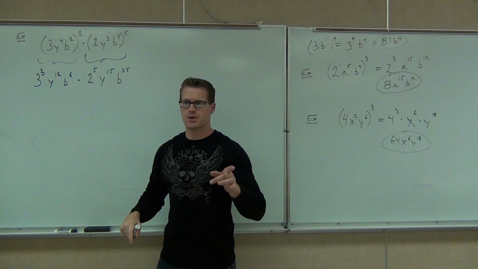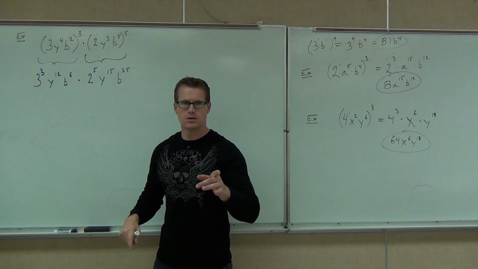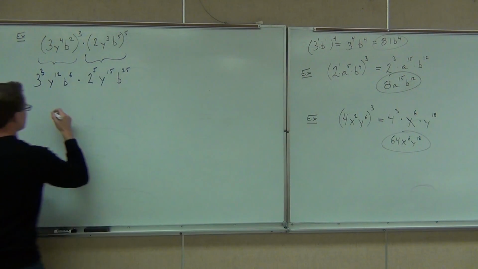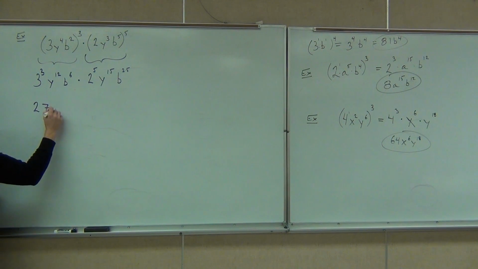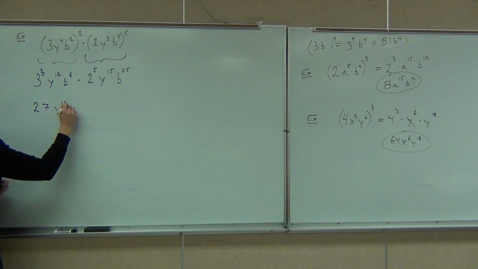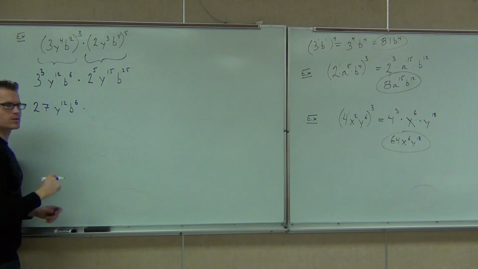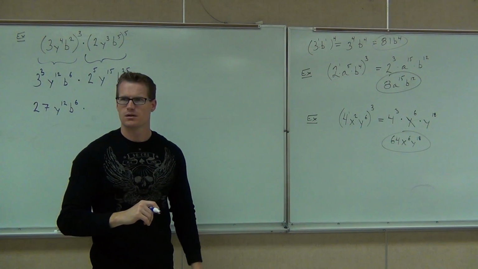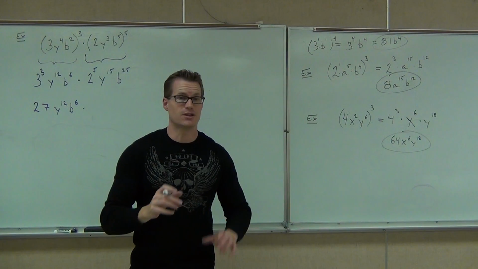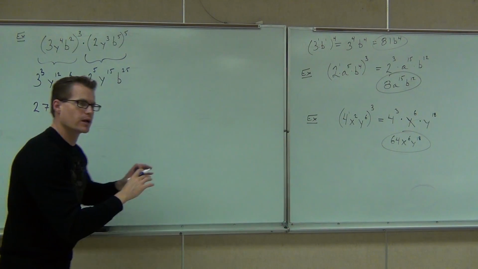You all said that 3 cubed was how much? 27. Very good. So 27, y to the 12th, b to the 6th times. Oh, how about 2 to the 5th? 10? How much? Don't go quickly. Don't give me 10. We're not multiplying here.